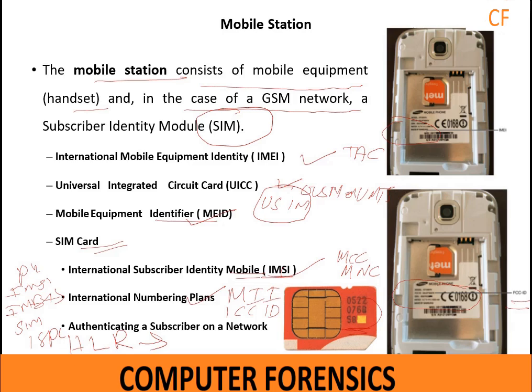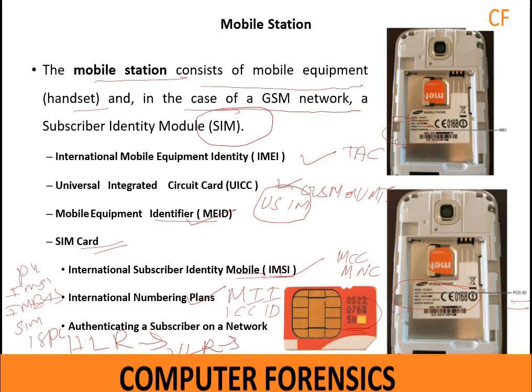The visitor location register is a database of information about roaming subscribers. A subscriber can be found on only one HLR but can exist in multiple VLRs. The current location of a mobile station handset can be found on the VLR.